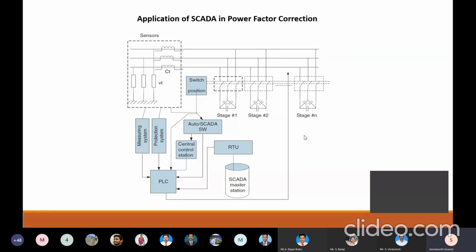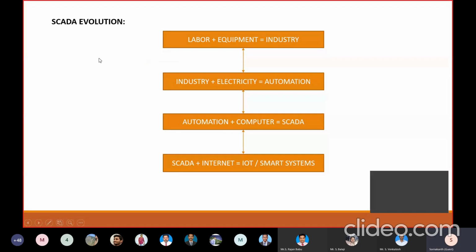The next one is how SCADA evolved. Initially, before electricity, there was only mechanical work and a labor force, which gave rise to industry. Industry was then supplied with electricity, so automation was introduced. Then automation plus computers, SCADA was introduced.